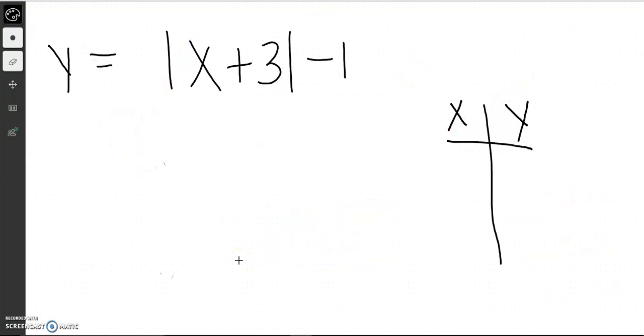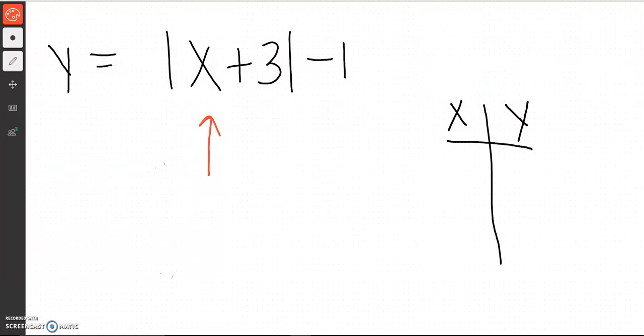Now in this one, because the vertex is the bottommost point, it's when the absolute value is as small as it can possibly be. So I'm going to think, what number would make this absolute value as small as it could possibly be?